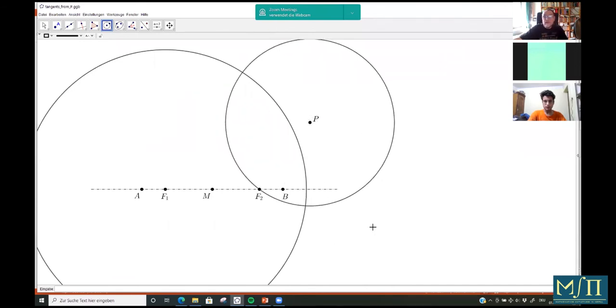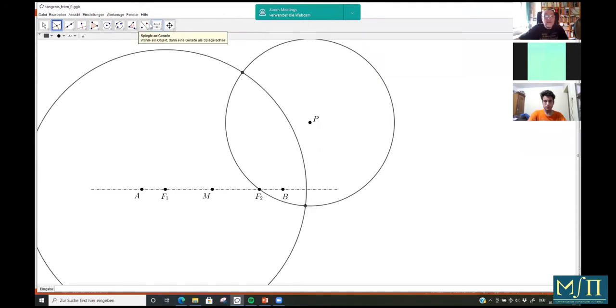And I now have two possible options for such a point that I labeled as G. Those are the 2 points where these 2 circles intersect. Of course, the 2 points of intersection are completely equivalent. They play the same role in our construction. There's no difference at all. But if I intersect them now, we have one here and one there.